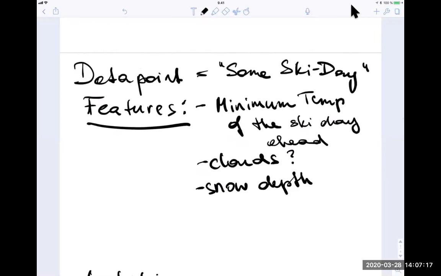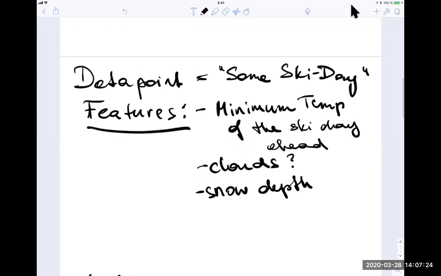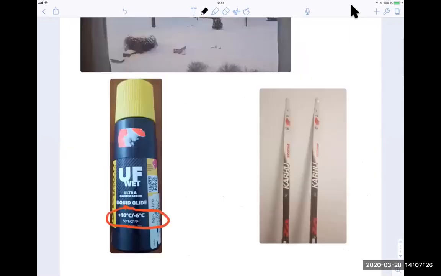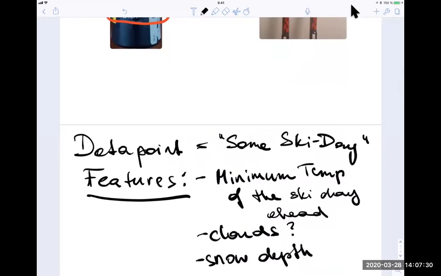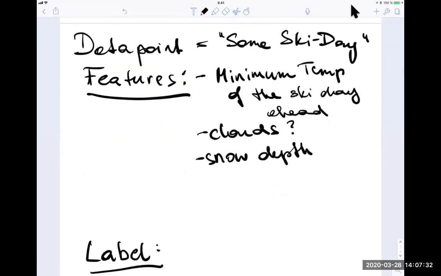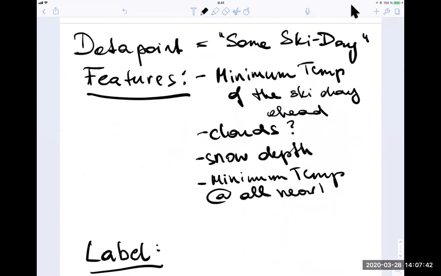And yeah, the minimum temperature, for example, it depends where. So I know in the morning the minimum temperature at my location. So I could also say another feature would be the minimum temperature, so the morning temperature at all nearby weather stations.